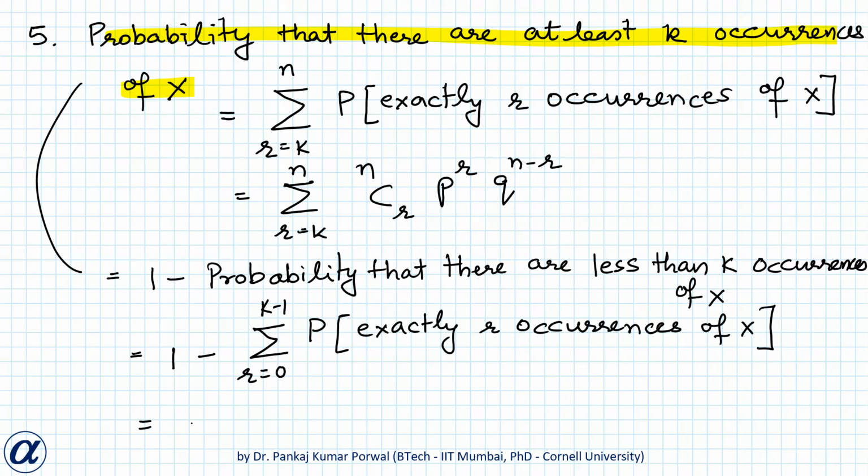That will be equal to 1 minus sigma from r equals 0 to k minus 1 of nCr p to the power r q to the power n minus r.